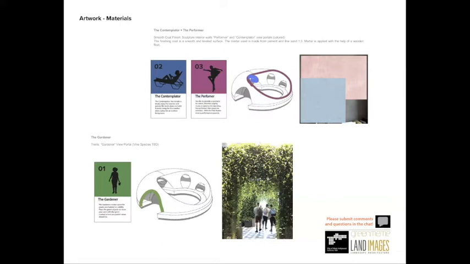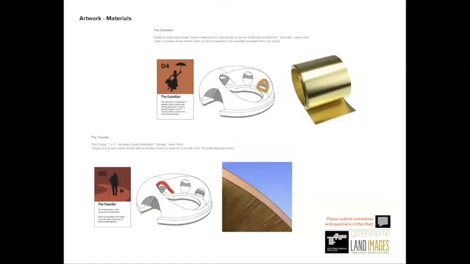And then you see in the back the contemplator, which we'll see from different views, that provided a kind of seating opportunity and lounge space on the north side of the sculpture where there's lots of shade. Down in the bottom here, you're seeing the gardener cutout. That's where we try to have a kind of living surface, which is basically a trellis, but we wanted to have the presence of green. Also for the guardian, again, that's kind of a prominent corner.